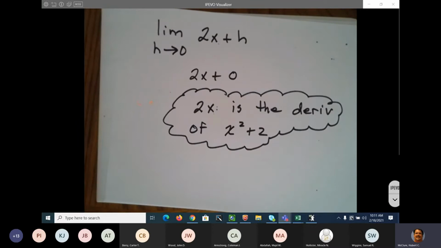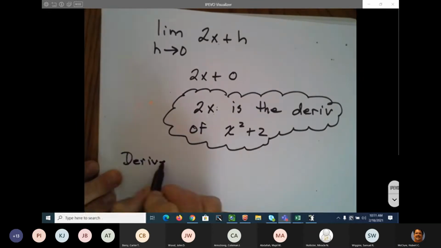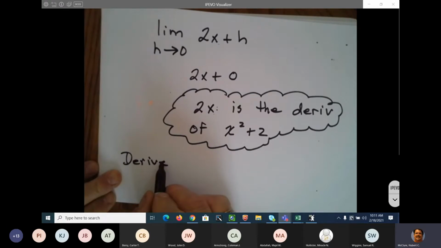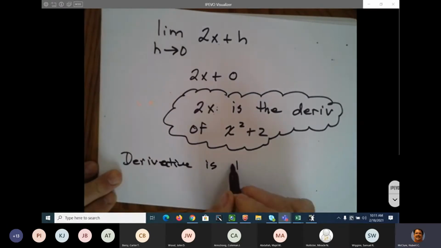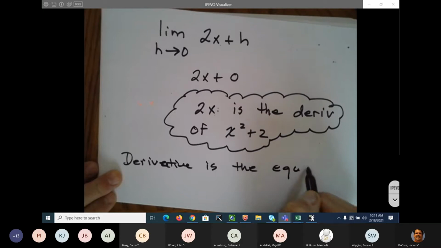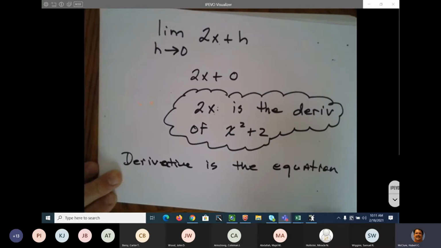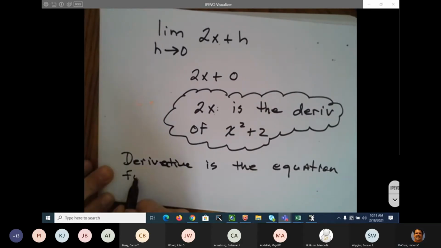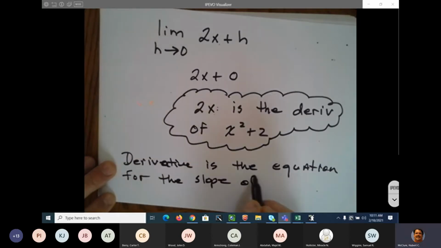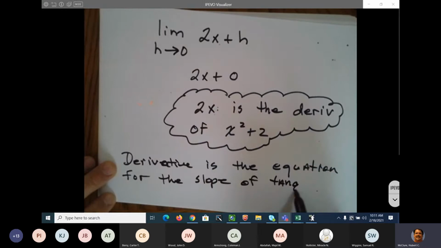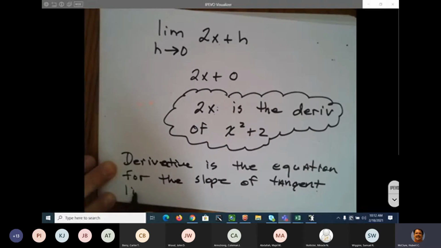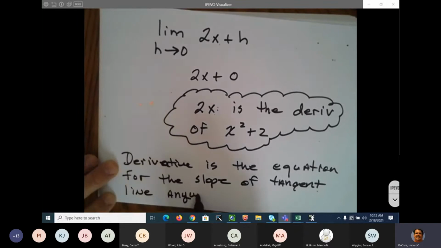The derivative is the equation for the slope of the tangent line anywhere on a curve.